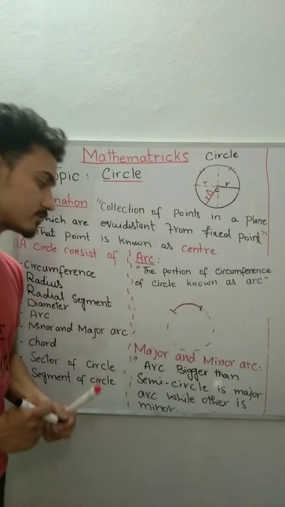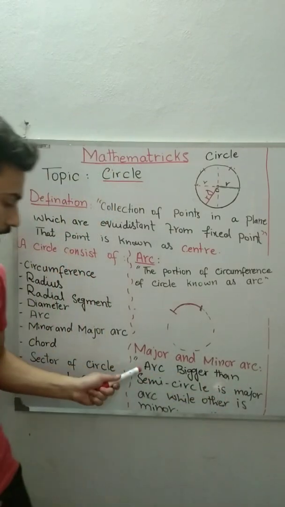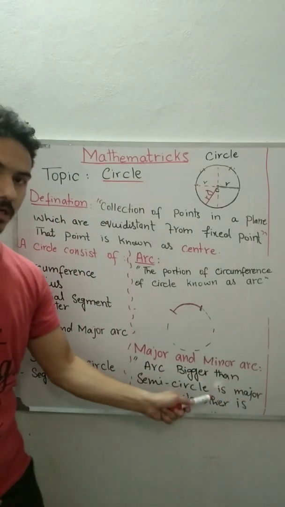The arc which is bigger than a semicircle.